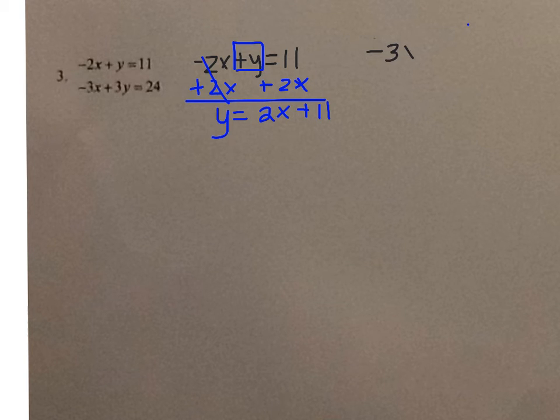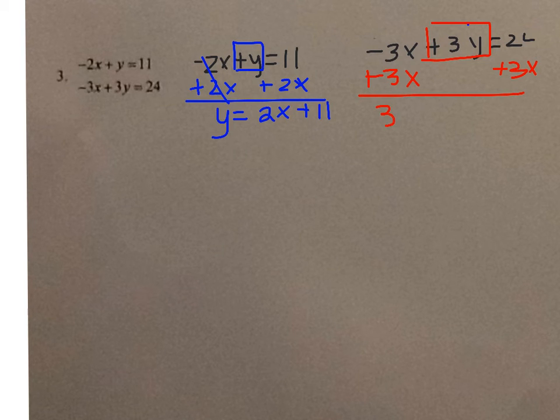Negative 3x plus 3y equals 24. Okay, again, I know I have to get y by itself, but first I need to get the 3y by itself. So start with getting rid of the negative 3x by adding 3x.